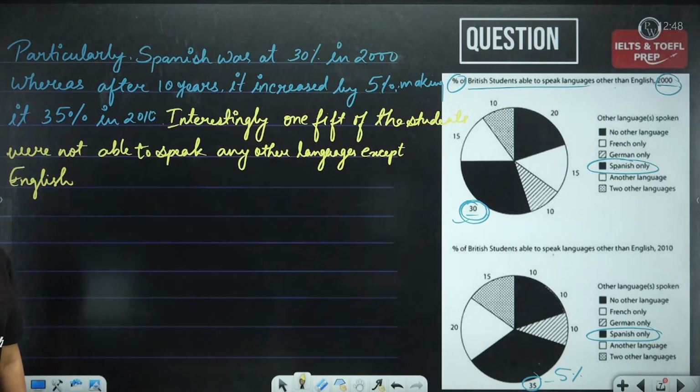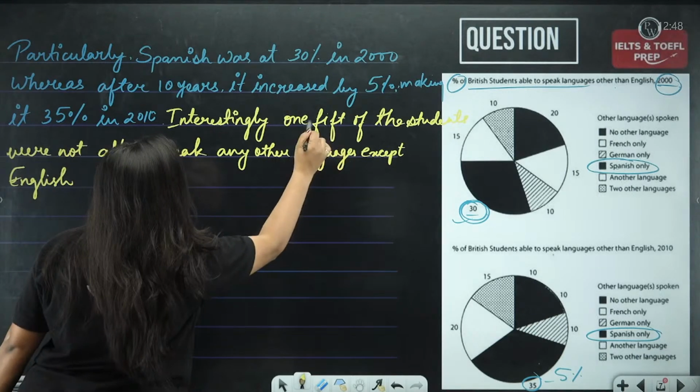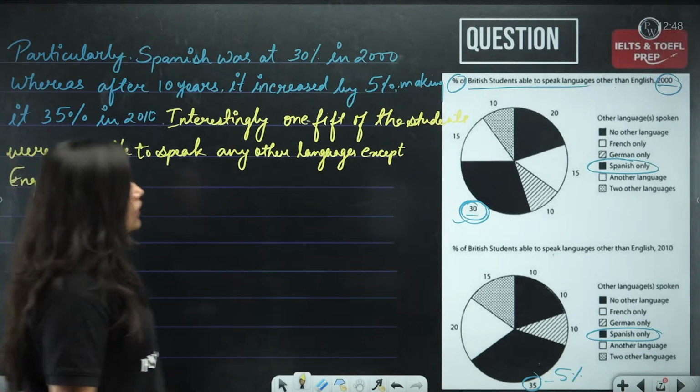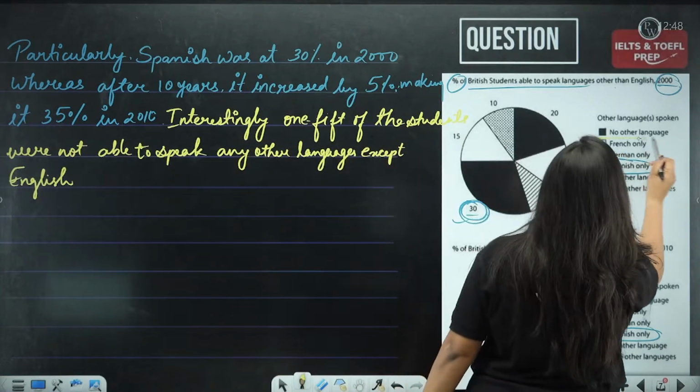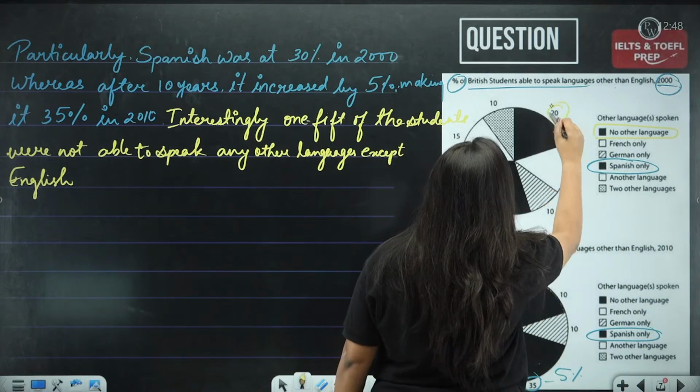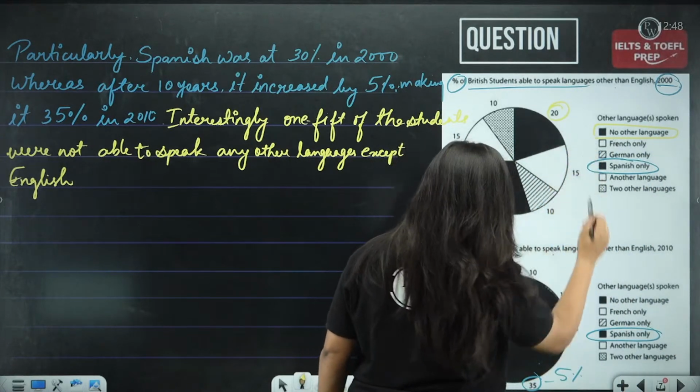What have I written? Interestingly, 1/5 of the students were not able to speak any other languages except English. How did I write it? Clear है? I cannot see any comments. ठीक है? Here, no other language. How many of them can speak no other language? 20%, sorry, 20%.